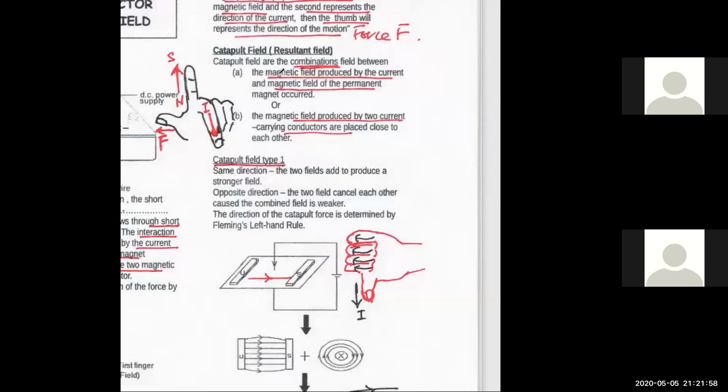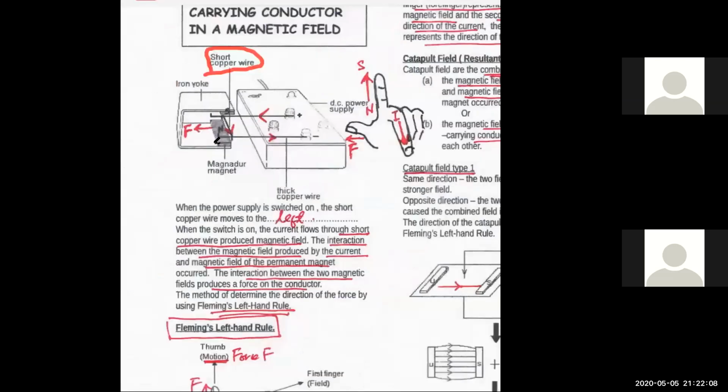Combination field between the magnetic field produced by current and the magnetic field by the permanent magnet, like just now here, right? Here, this is the permanent magnetic field. The other one is the magnetic field inside the wire. When current flows along the wire, there is a magnetic field, which you learned in lesson 1.